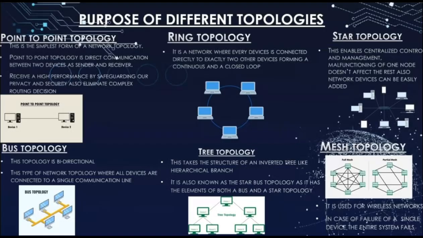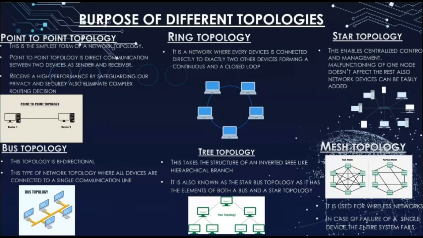Ring topology is a network where every device is connected directly to exactly two other devices, forming a continuous, closed loop. Star topology enables centralized control and management. Malfunctioning of one node doesn't affect the rest. Also, network devices can be easily added to the star topology.